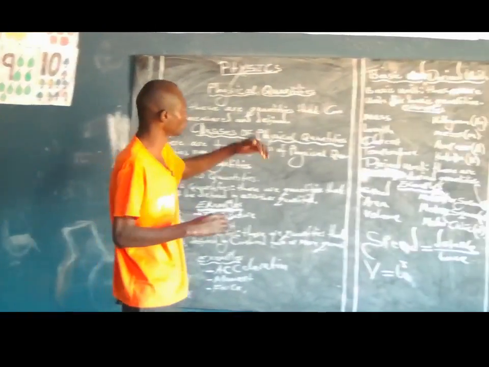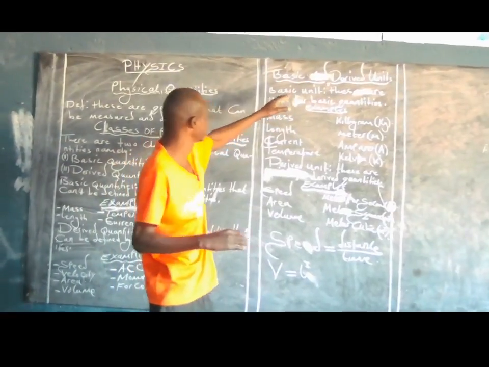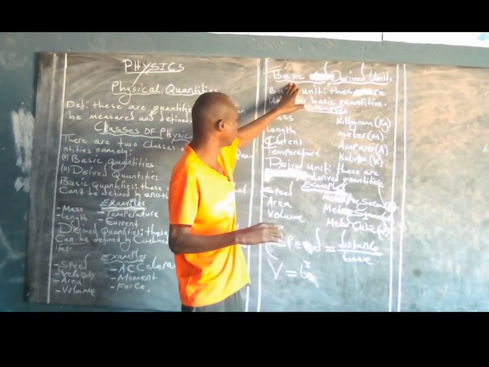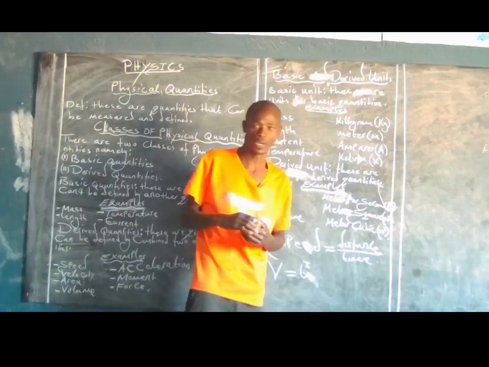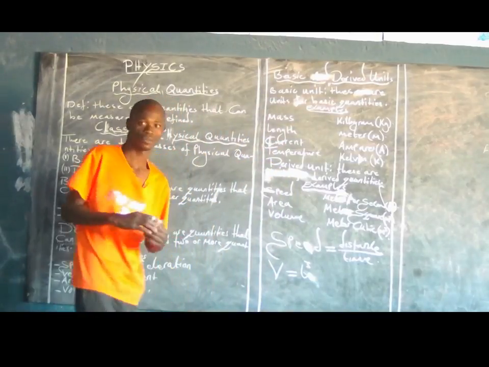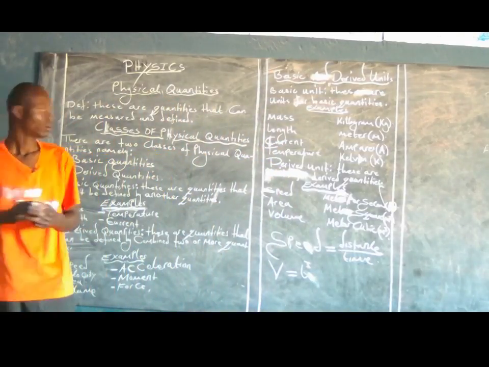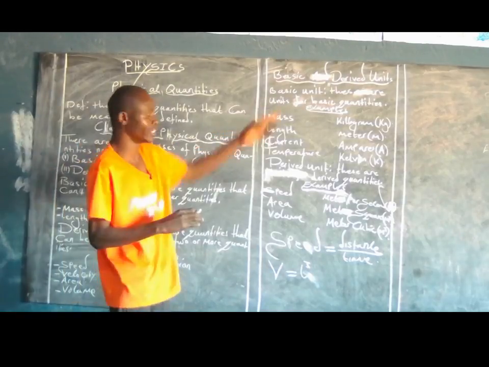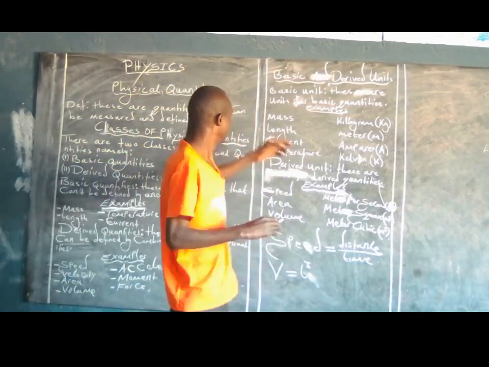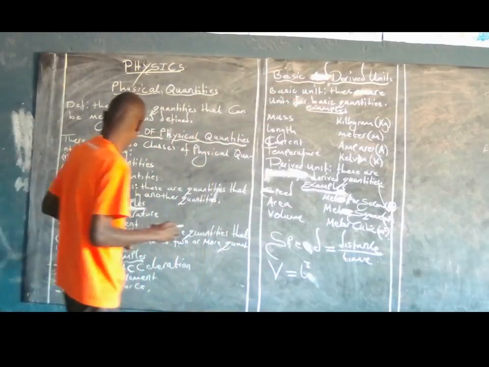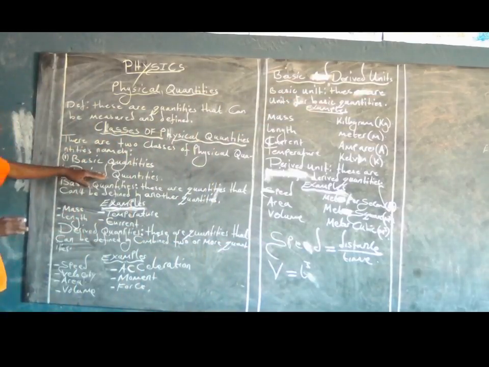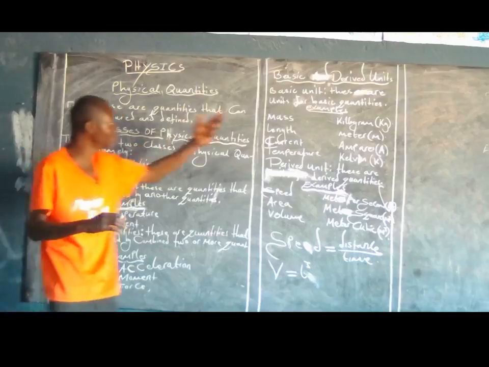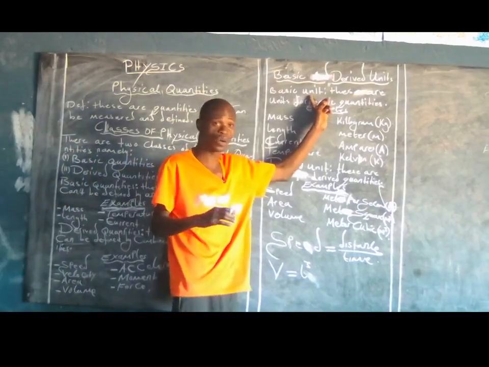Then let us also talk about another thing now, which is basic units and derived units. When we are talking about a basic unit, the word basic is the same word that we have used here for basic quantities. The only difference is the word unit.